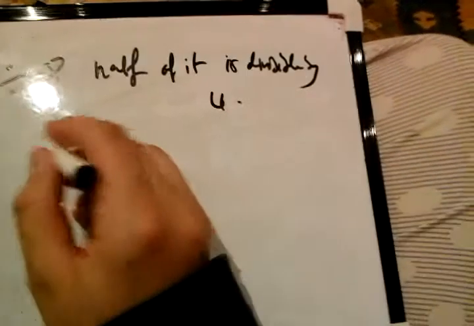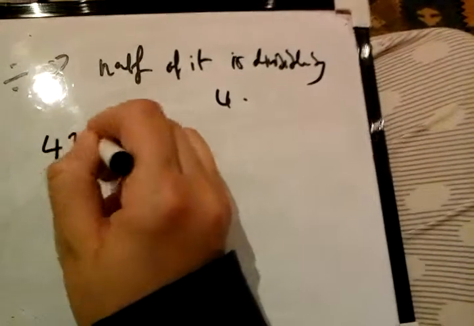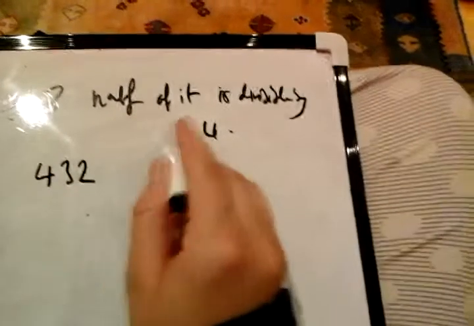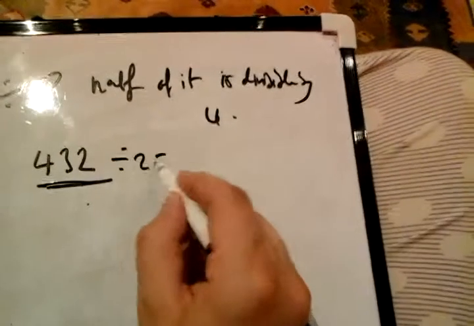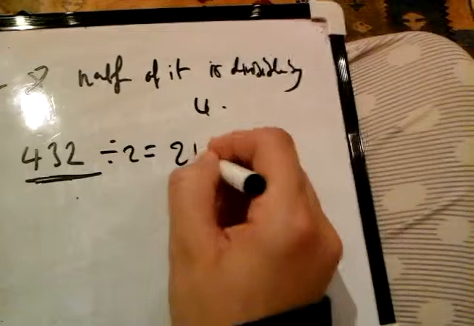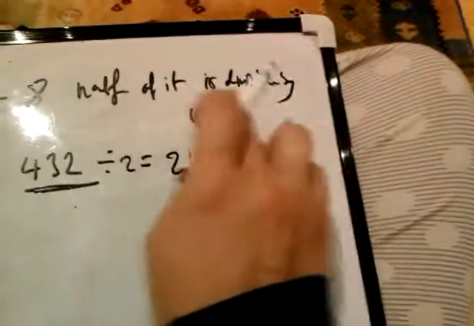The example they've given you is, let's just say an answer, they've given you the answer is 432, right? So half of this answer. What's half of this answer? Let's divide it by 2. Yeah, it's 216.